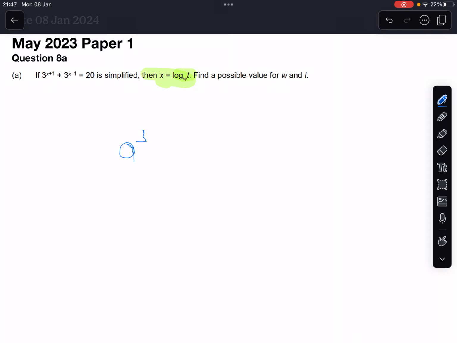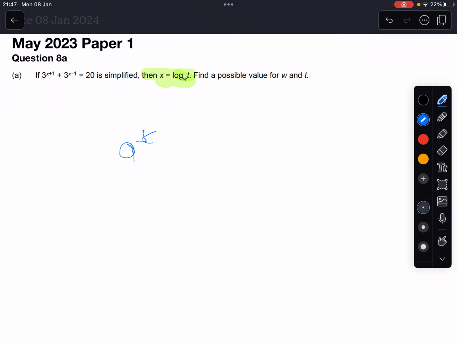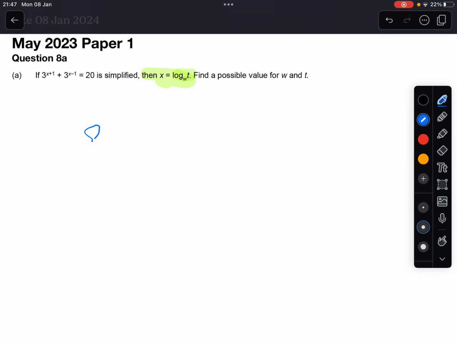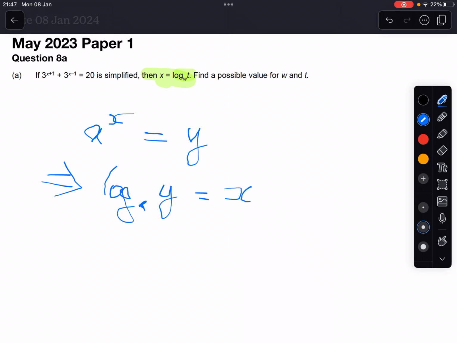So we know that if a to the power of x is equal to y, that means log base a of y is equal to x. In other words, the log asks, to what power should I raise a in order to get y? And the answer is x.